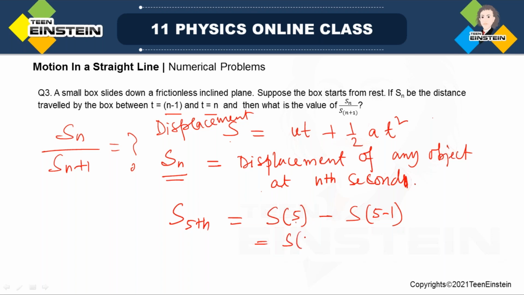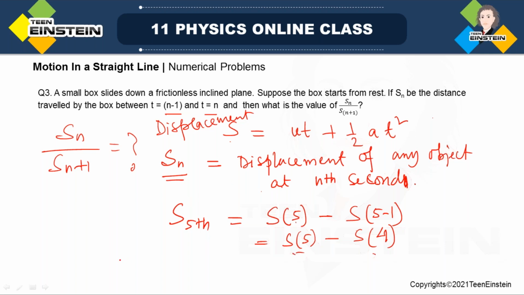If you find the displacement during the time interval of 5 seconds and the displacement during 4 seconds, and take the difference, you get the displacement exactly at the fifth second.